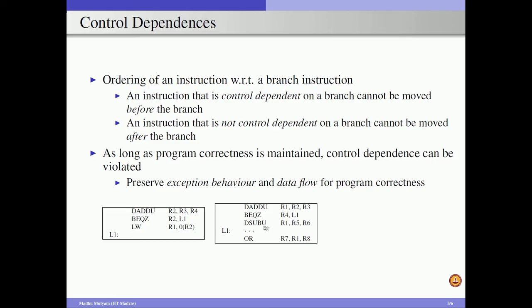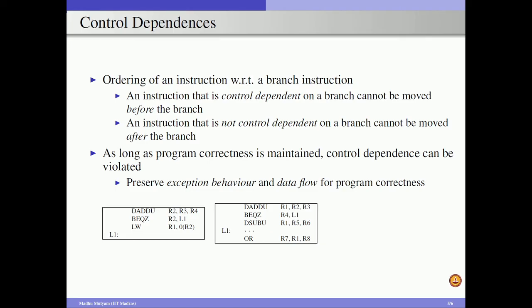If we move the subtract operation before the branch instruction, then R1 will have only the value supplied by the subtract operation, because the add is performed earlier and the subtract is performed later.